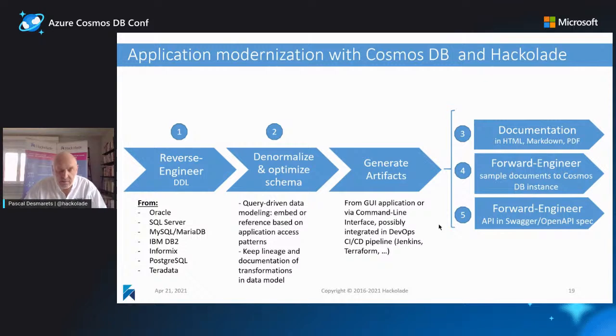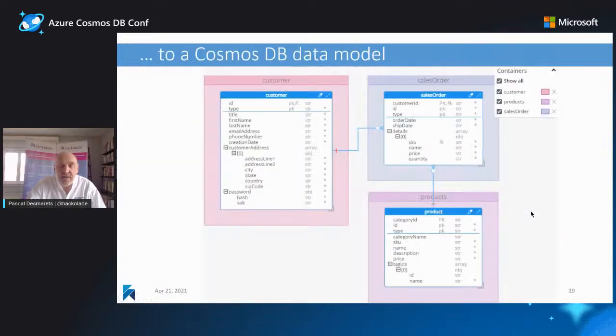We can iterate on the structure after discussing with the various stakeholders of the application, making sure that we achieve the expected objectives. Then we create a series of artifacts, including documentation, schemas, and even REST APIs.